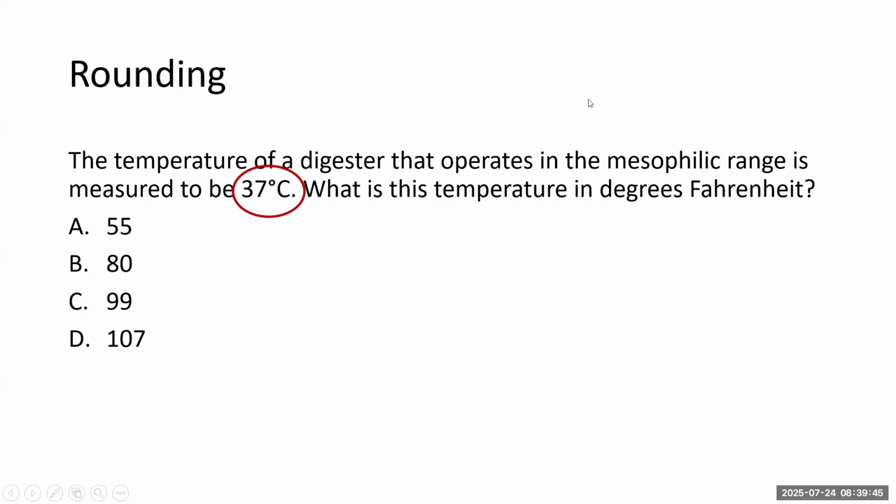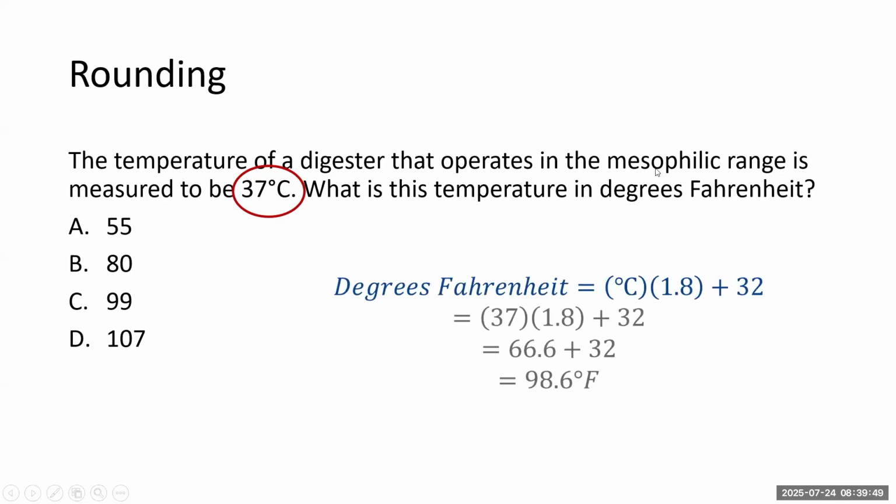So if we look at our exam cheat sheet, we've got an equation for degrees Fahrenheit. That equation is degrees Fahrenheit equals degrees Celsius, so whatever number you have for that, times 1.8 plus 32. So all we have to do is take that known, the 37 degrees Celsius, plug it in for degrees Celsius in the equation, and that leaves us with 37 times 1.8 plus 32.